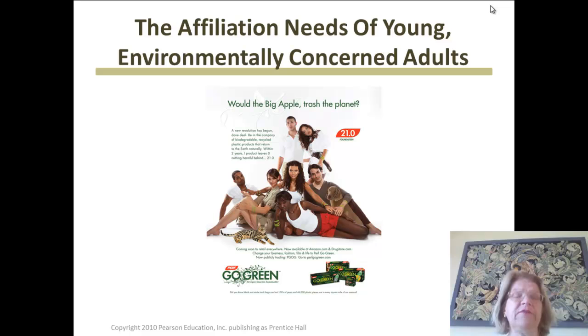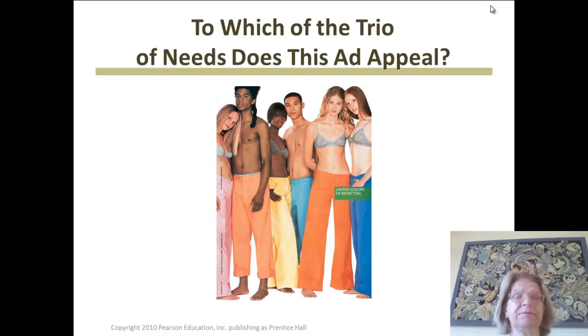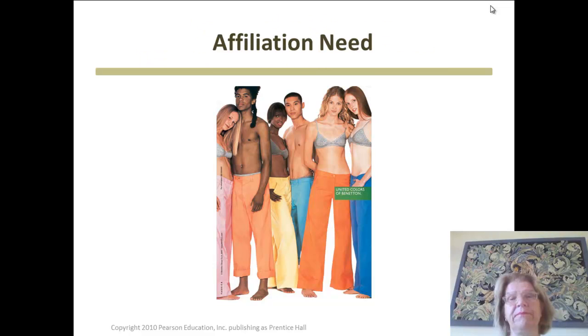It appeals to the affiliation needs of young, environmentally concerned adults. And what about this one? Here is the response.